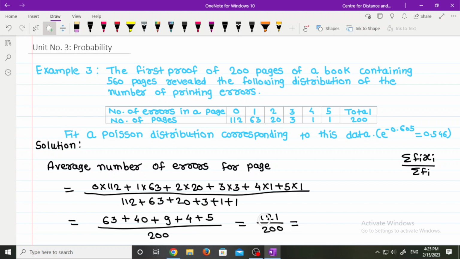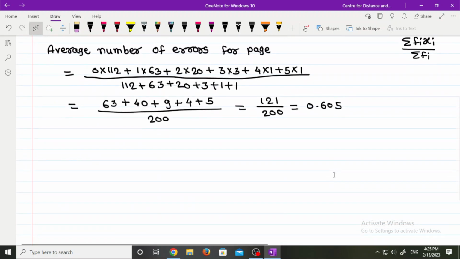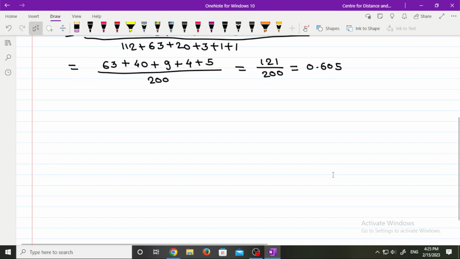When we divide 121 by 200, we get 0.605. This is nothing but our value of m.